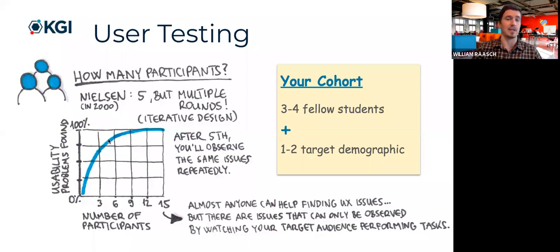That doesn't mean you only want to test five users and be done with it, but it shows that at some point there are diminishing returns. So you really only need probably anywhere from four to eight participants in your user testing before you're ready to roll out that iteration, and then move on to the next iteration where you can test again.